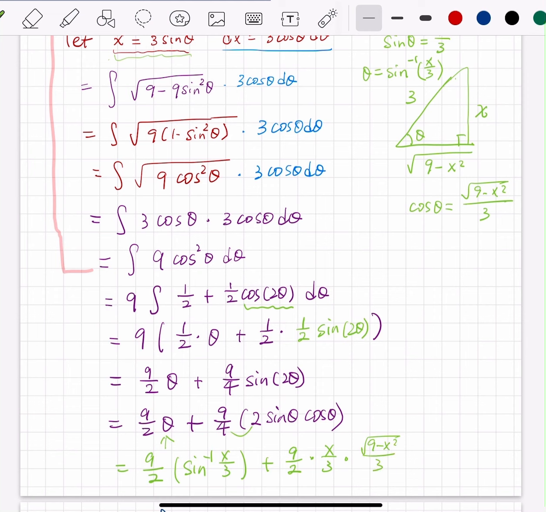Combining everything together, I ran out of space, so I'm going to cross out the 9 and the 3.